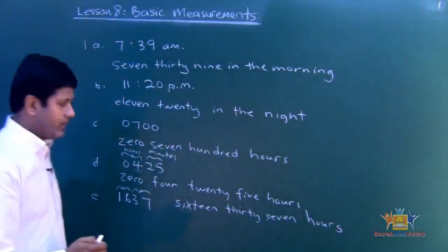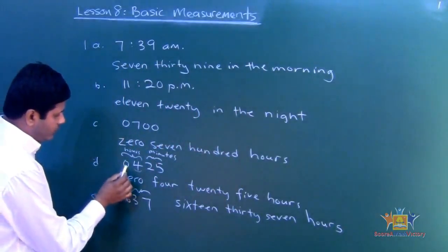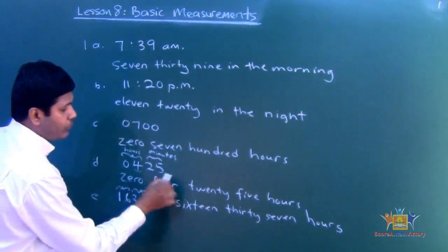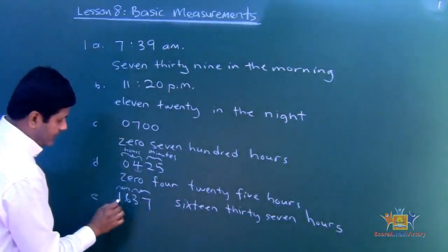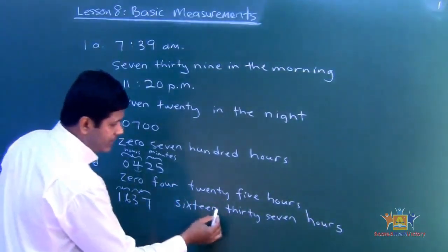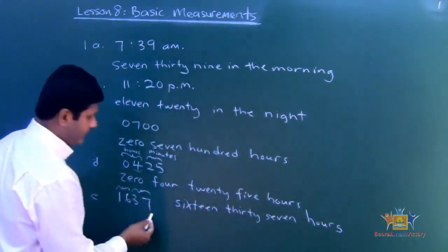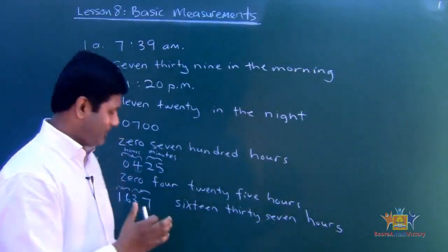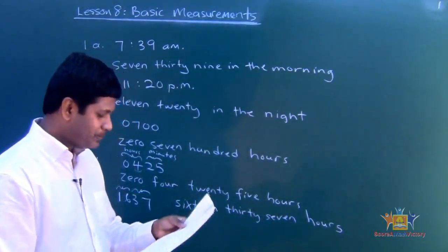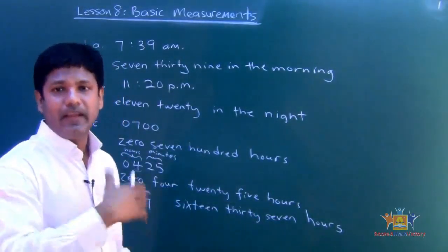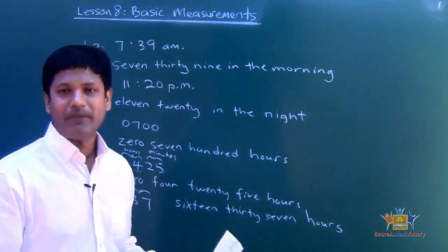See that? In the first one, you got 04, so you put 0425 hours. Now this one, you got 16, so you put 1637 hours. Pretty easy, isn't it? Very straightforward. Alright, let's do problem number 2. Let Mr. Mac erase the board and we'll do problem number 2. I'll be back with you in a few seconds.